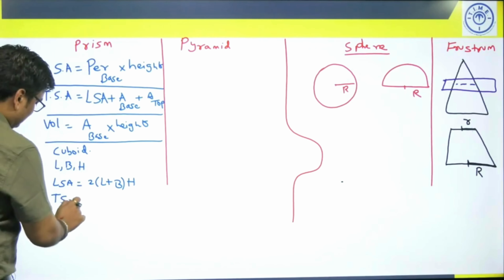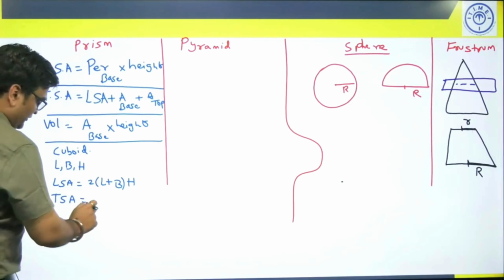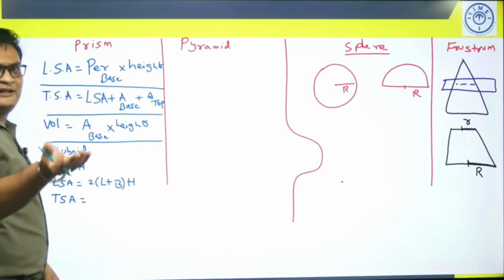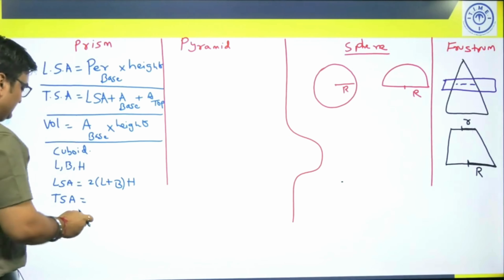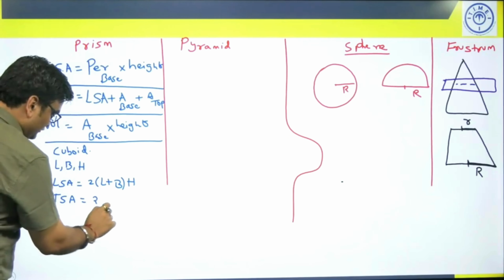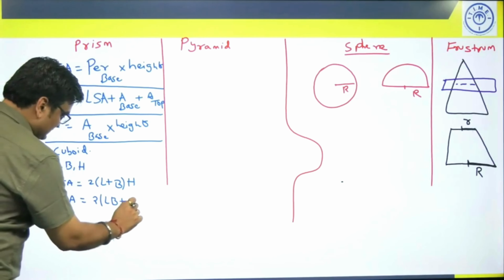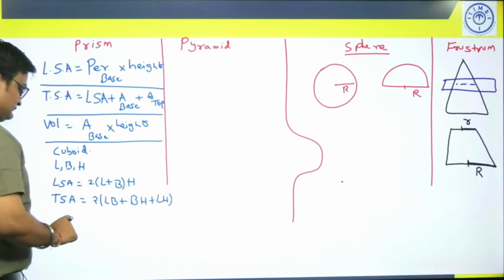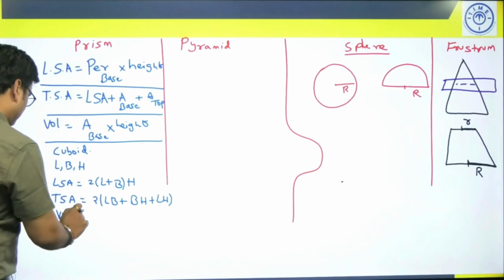Total surface area of a cuboid is LSA plus area of the base, which is L into B, plus area of the top, which is also L into B. So, when you add that, you will get 2 into LB plus BH plus LH. Volume.